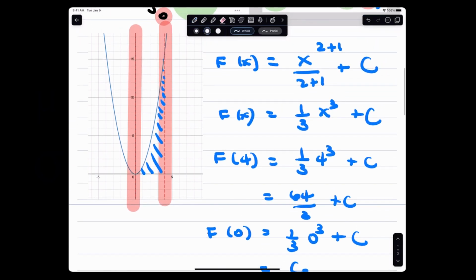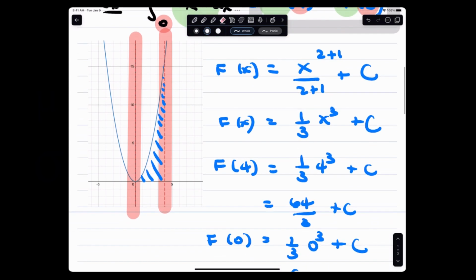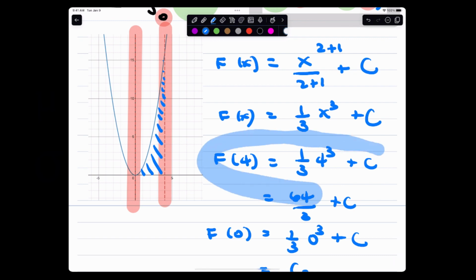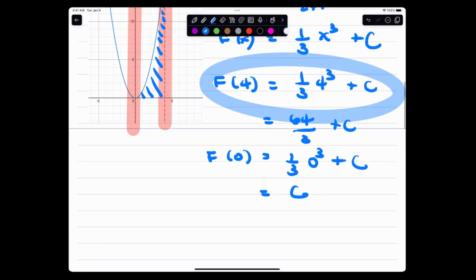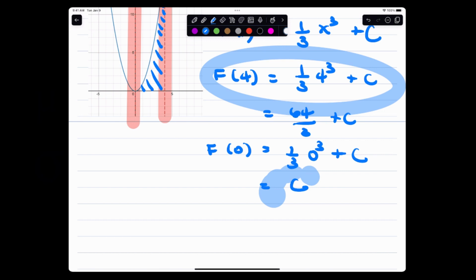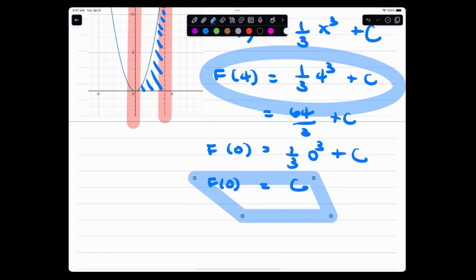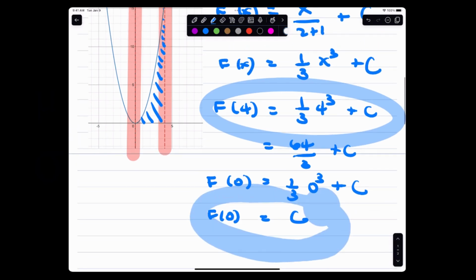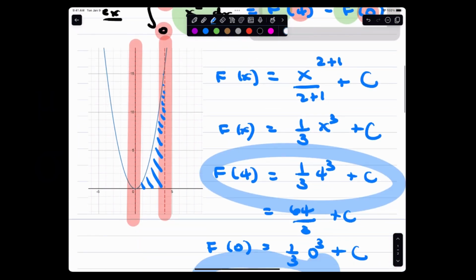Okay, so we're going to take those two values here. You're going to take this, and this. I guess I have to be consistent. I'm going to say here's F of 0. So take that difference.